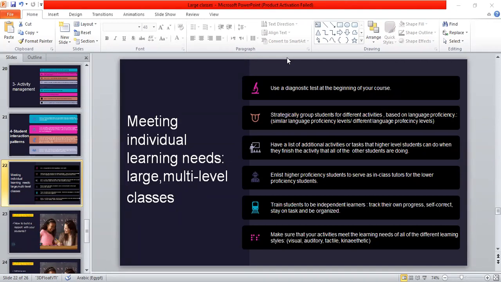We talked about dividing students into groups. When you put the high-level students together, you prepare extra activities for fast finishers. And when you put the lower levels together, you have to offer help for them, okay?